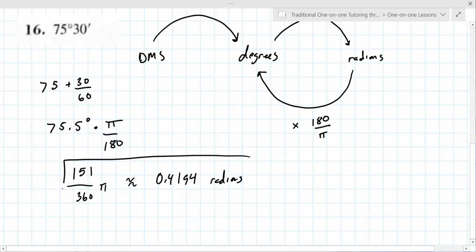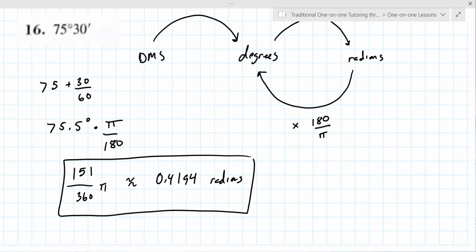Either are correct. Whatever you prefer there.